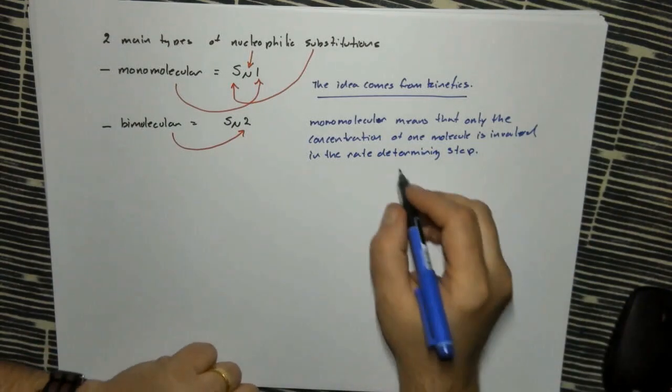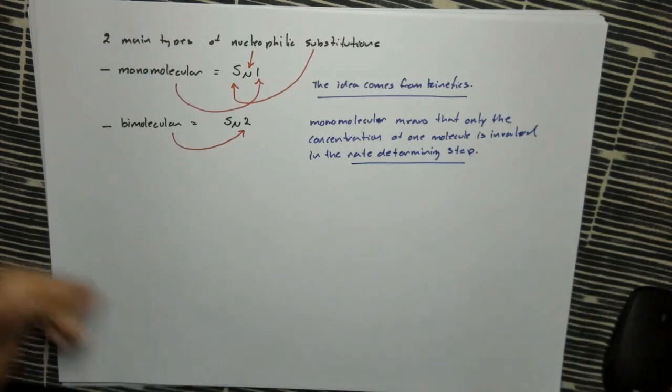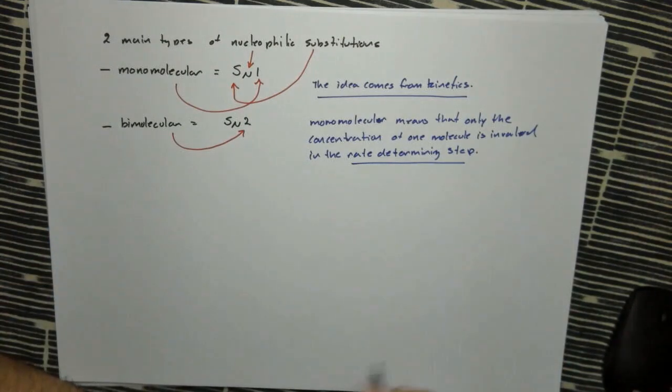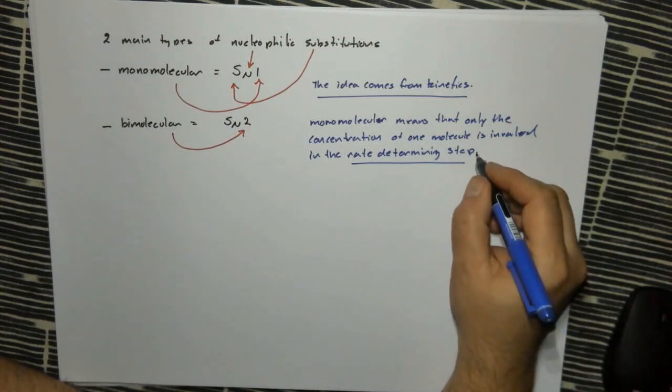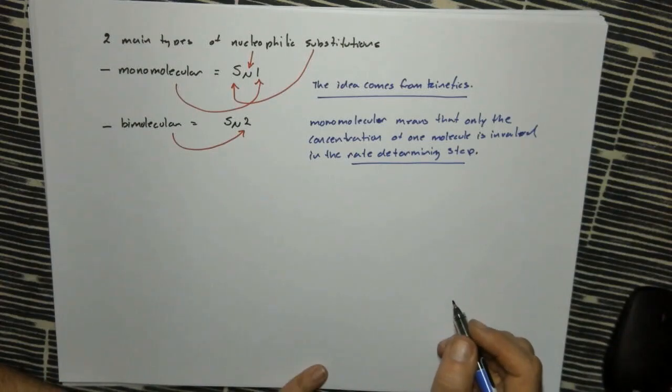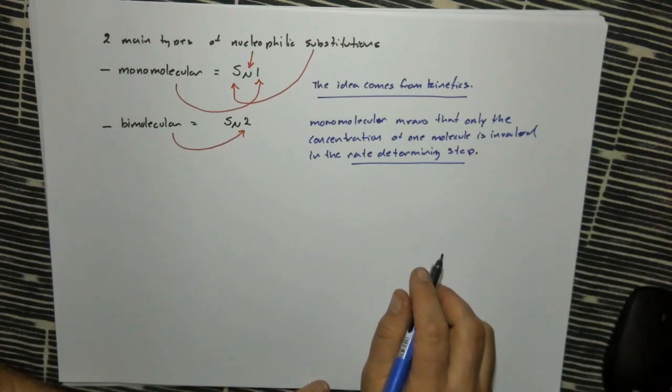Now, the rate determining step, what is that? Well, the rate determining step is the slowest step in any process, and because it's the slowest step, it determines the rate or the speed of everything else. If you want a longer discussion about that, there will be videos in the future about that particularly.